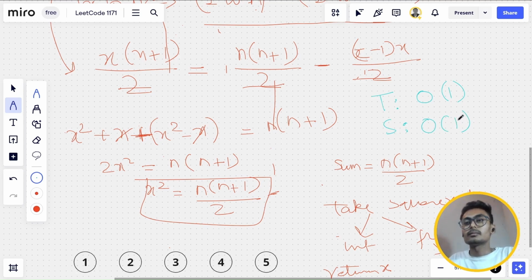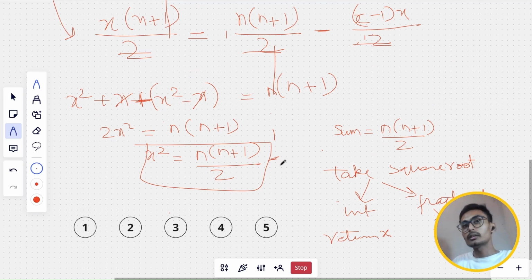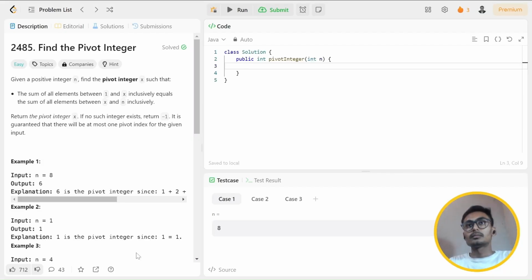Now let's quickly code it in Java, and then we will code it in C++ and Python. First we have to calculate the sum: int sum is equal to n into n plus 1 divided by 2.